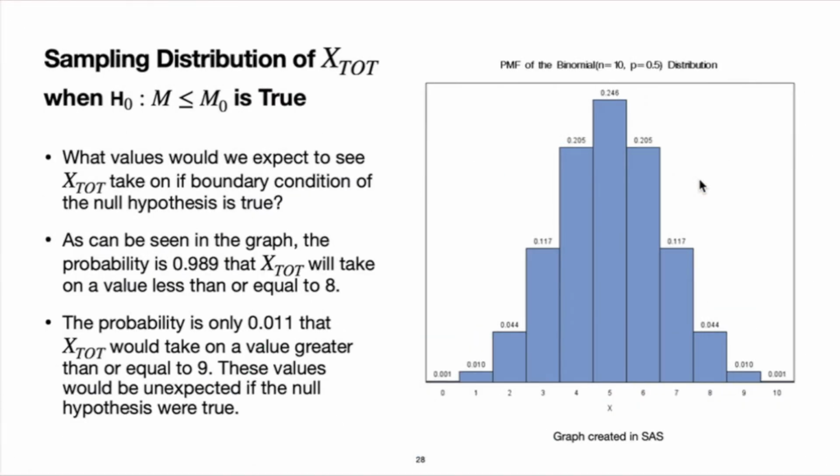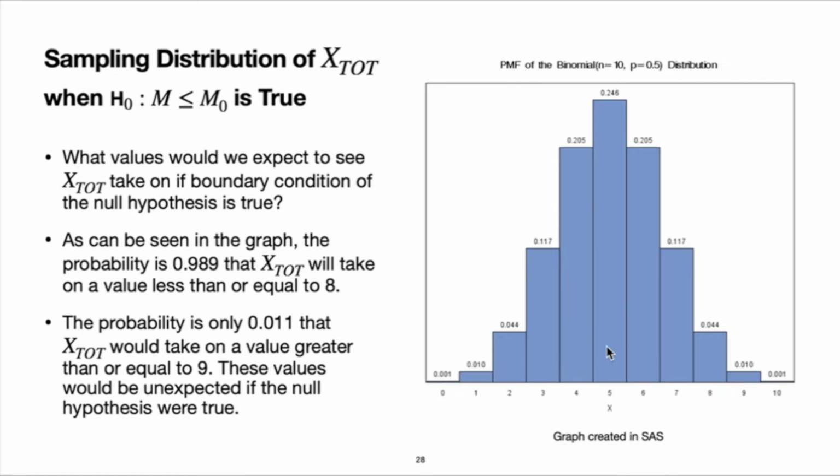Now, let me ask you this question. What values would we expect to see x tot take on if the boundary condition of the null hypothesis is true? In other words, if the population median capital M is equal to capital M sub 0. Well, when the boundary condition is true, this is the sampling distribution, the probability distribution of x tot.